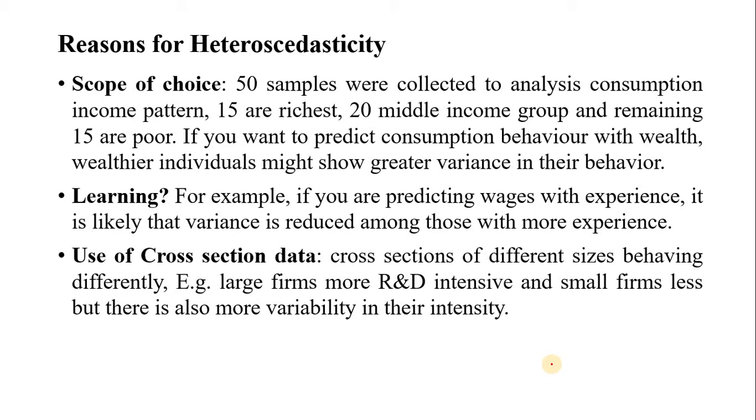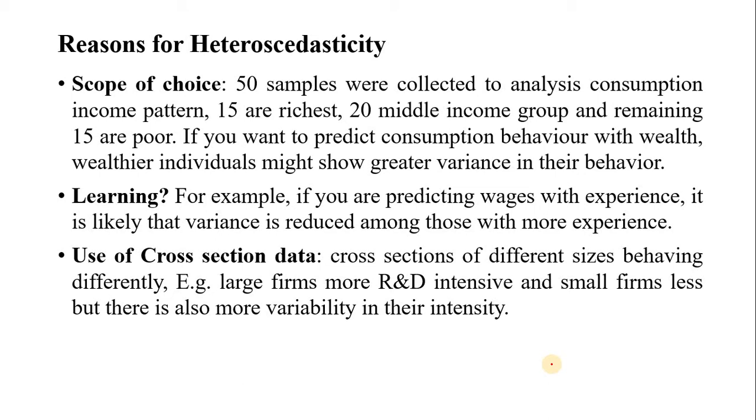For example, if you have sampled 50 individuals, the variance will be the same if all of the 50 individuals have the same consumption pattern, and they will have the same consumption pattern when their income is the same. When all of these 50 people's incomes are the same, they may have almost similar, not exactly, consumption pattern.